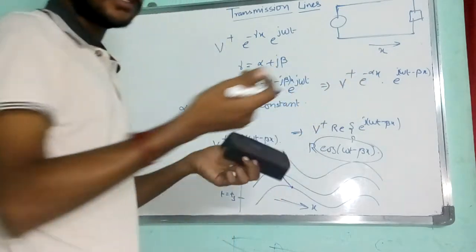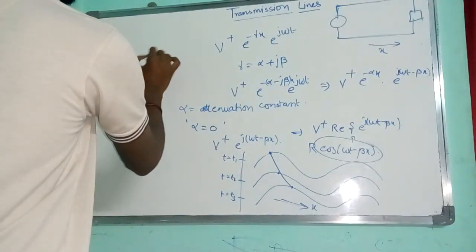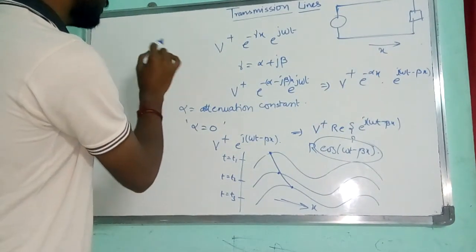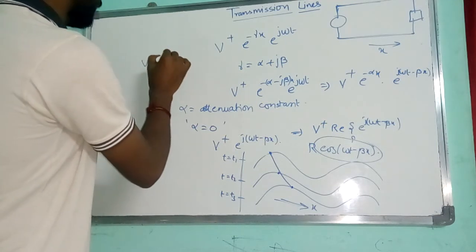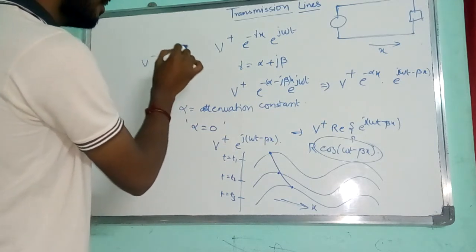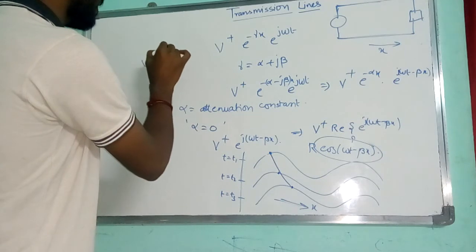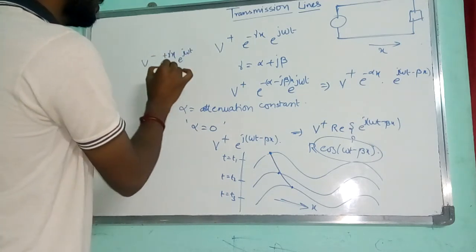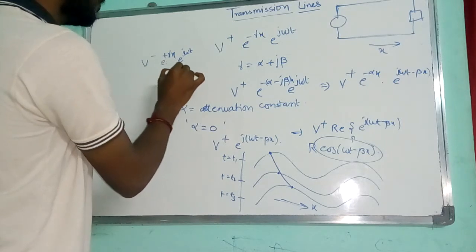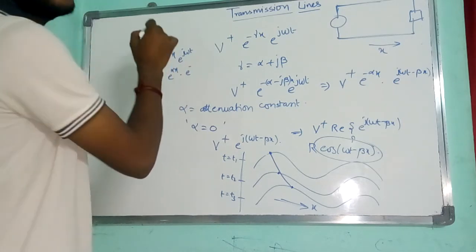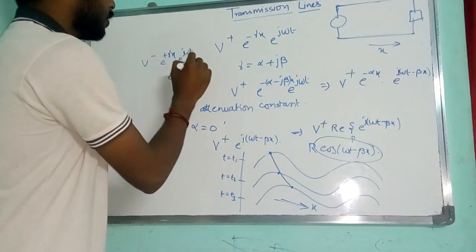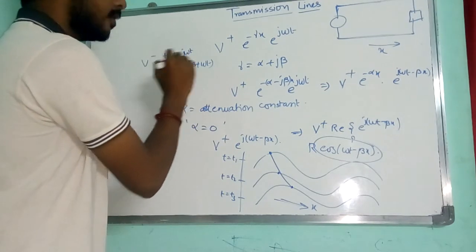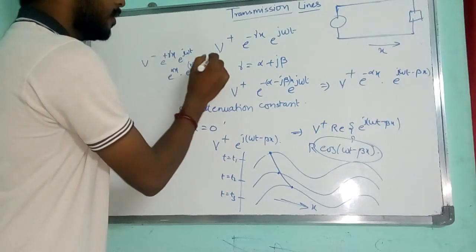Suppose you consider the next part of the equation, V minus into e power gamma x into e power j omega t. This will be e power alpha x into e power j beta x plus omega t.